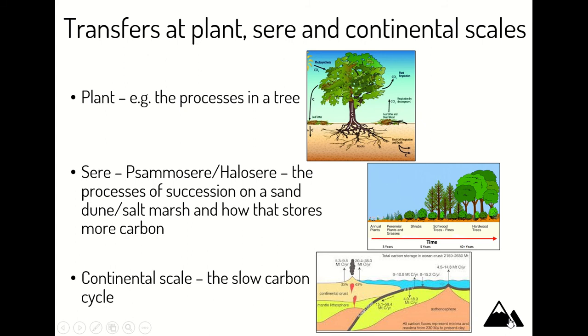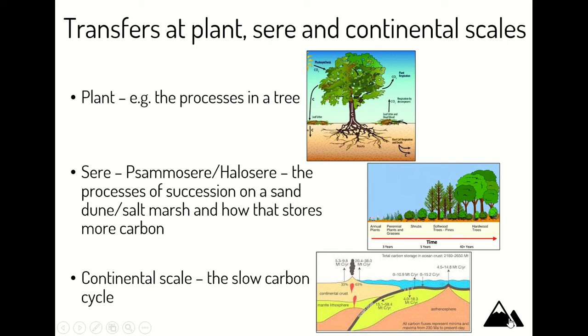When we're talking about spatial scales, small scale is at the plant level, a single tree, for example. So the movement of carbon in through photosynthesis, respiration out, leaf litter, decomposition, and so on and so on. On a larger scale, like a psammosere or a halosere, we're talking about how more carbon is trapped as the vegetation changes, as the succession of vegetation occurs.